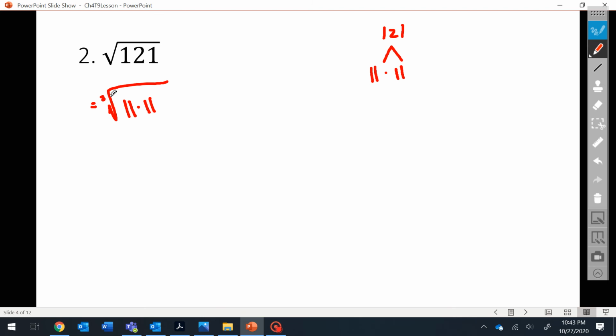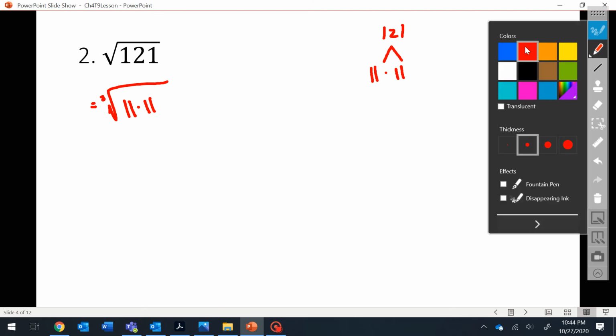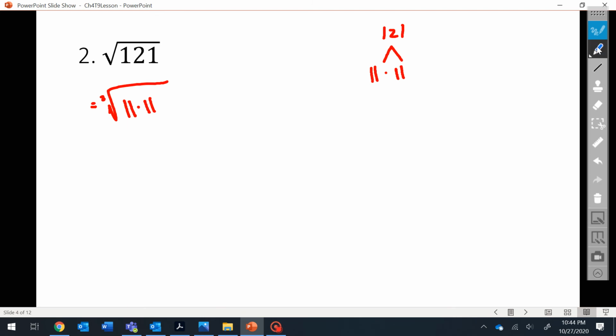Well, the index of 2, and a square root always has an index of 2, tells me that I need two of the same factor under the radical to make one of those numbers outside the radical. So the square root of 121 is 11, because there's two 11's under the radical, which makes one 11 outside the radical.